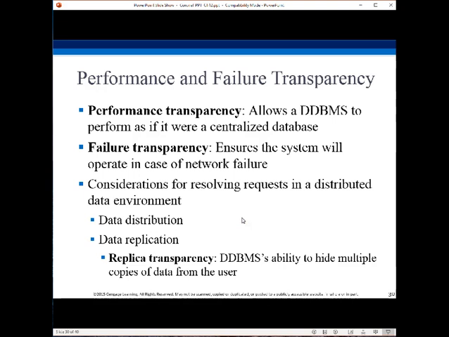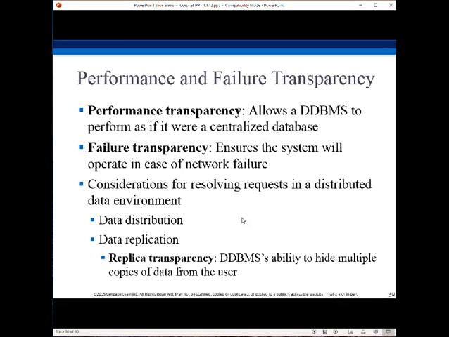And we have performance transparency, which allows this distributed database to perform as if it were a centralized database. Now, there are going to be some problems with performance transparency. Let's say what we're doing is Facebook, and we have one server on the East Coast, Washington, D.C., and the server on the West Coast is Redmond.